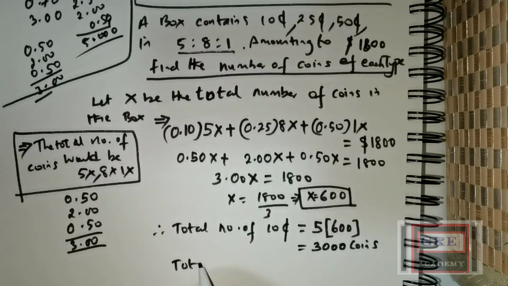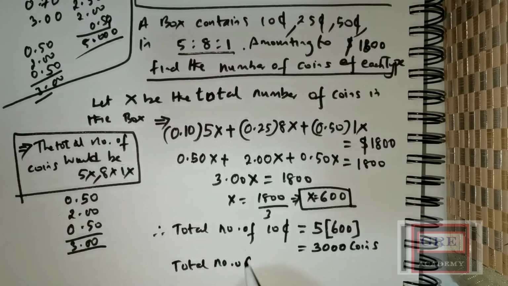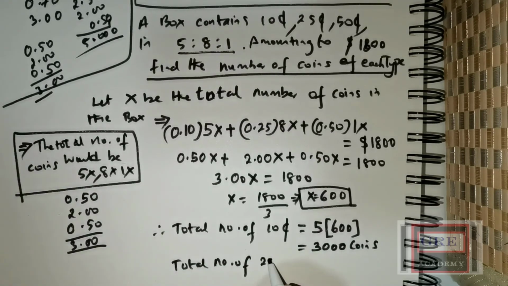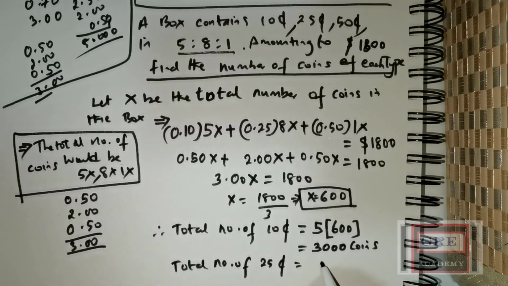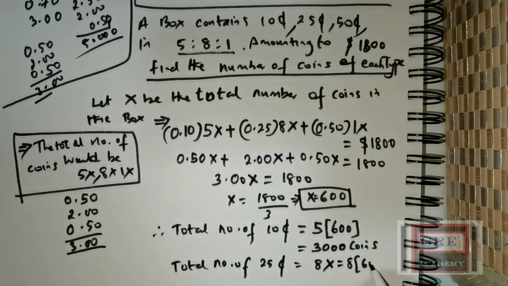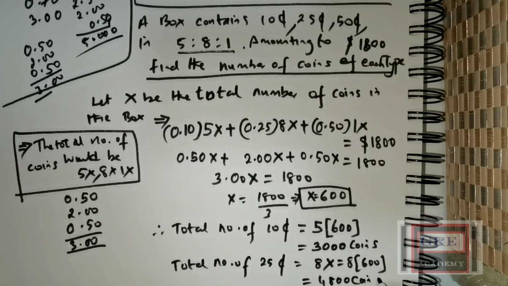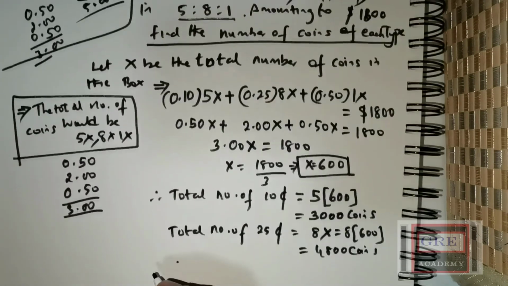Now the total number of 25 cent coins, that is 8x, so that's going to be 8 times 600, which means 4800 coins of 25 cents.